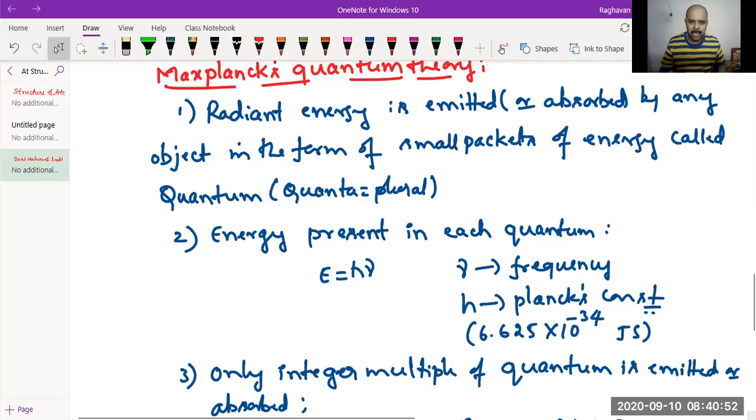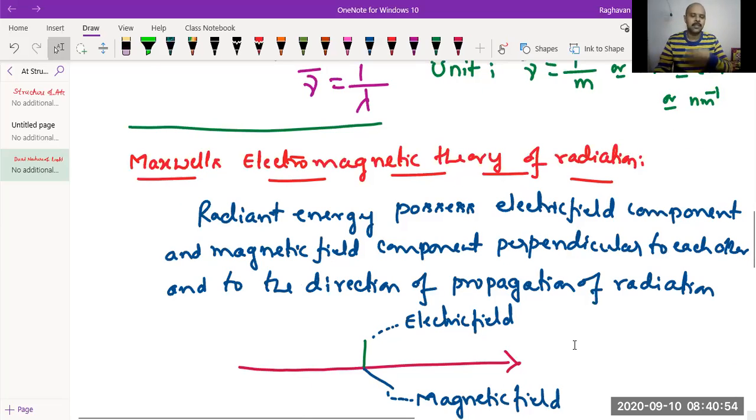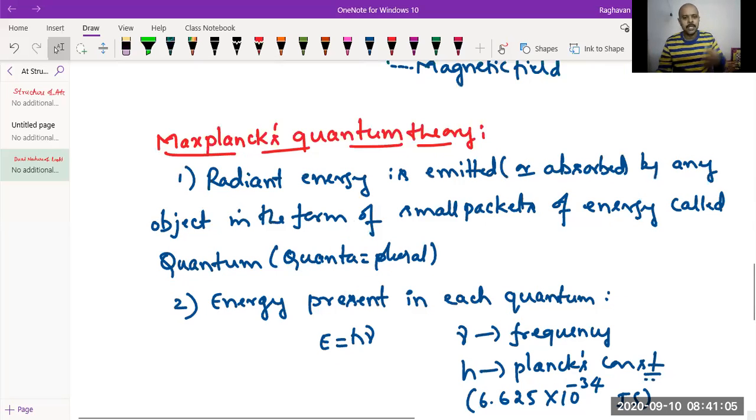Maxwell imagined light as having an electric field and a magnetic field component perpendicular to each other, and also perpendicular to the direction of propagation. Like that, Max Planck assumed light to be emitted or absorbed in terms of small packets of energy. These are all theories proposed at times to explain certain properties observed experimentally.